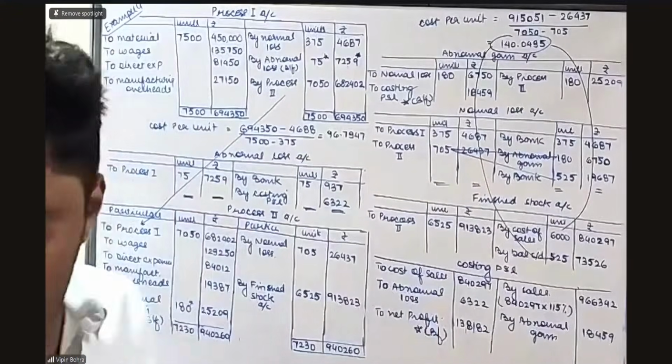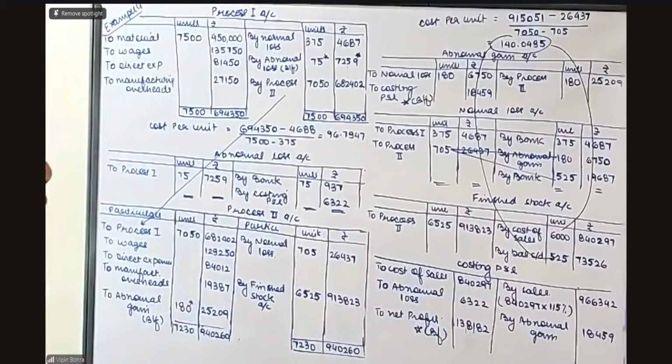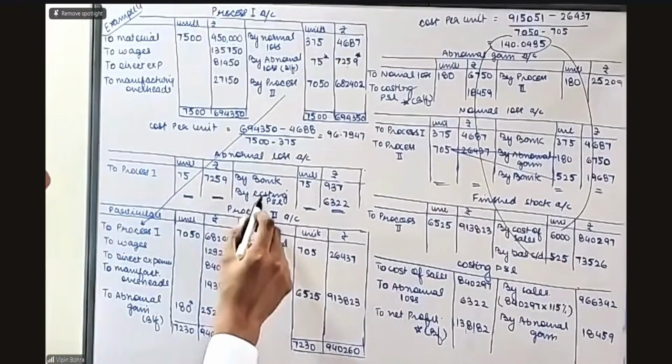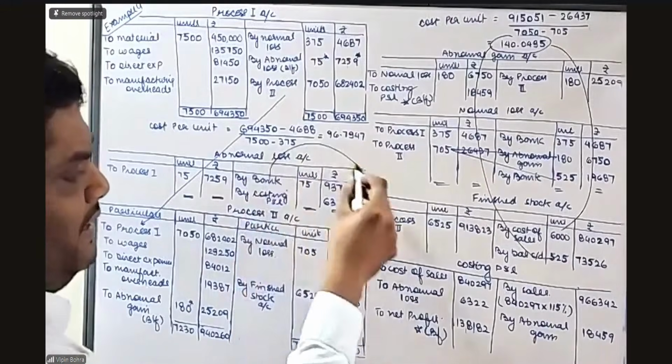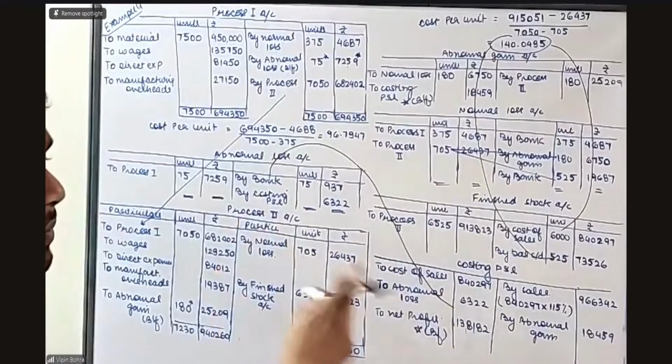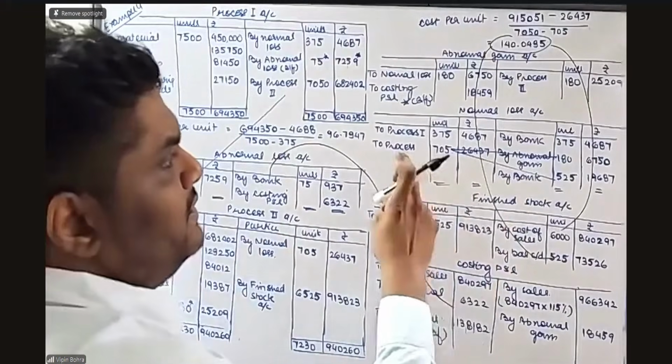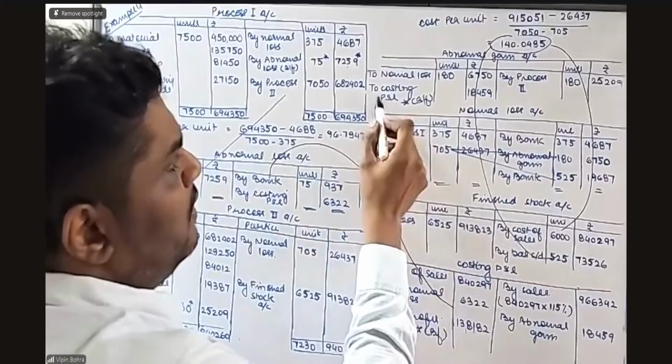This abnormal loss, Noshin, see, is by costing P&L. So reverse entry 6322 from costing P&L. Here it is to costing P&L.